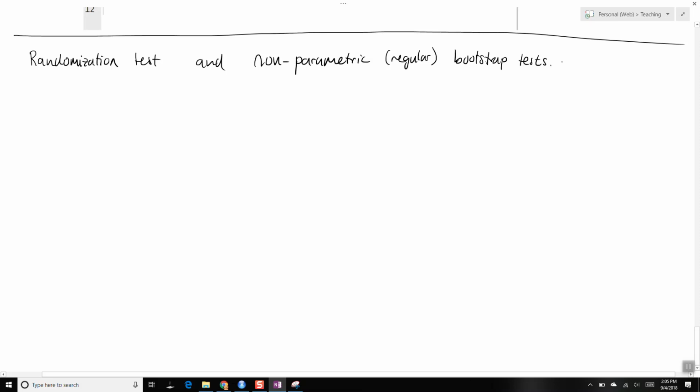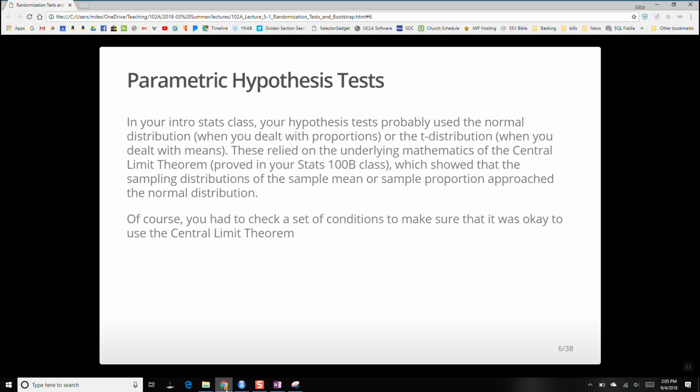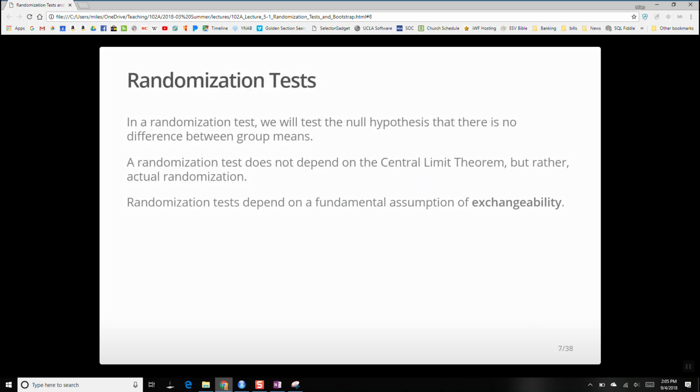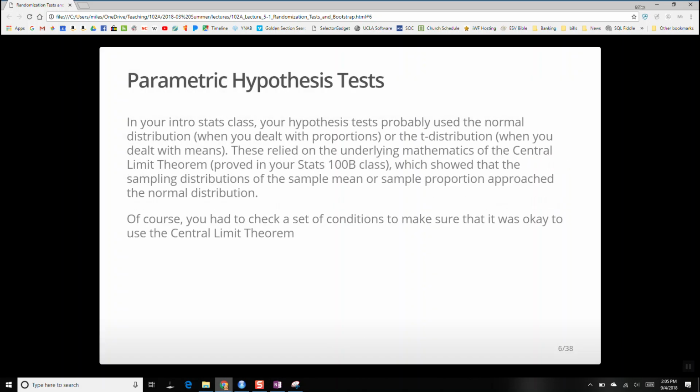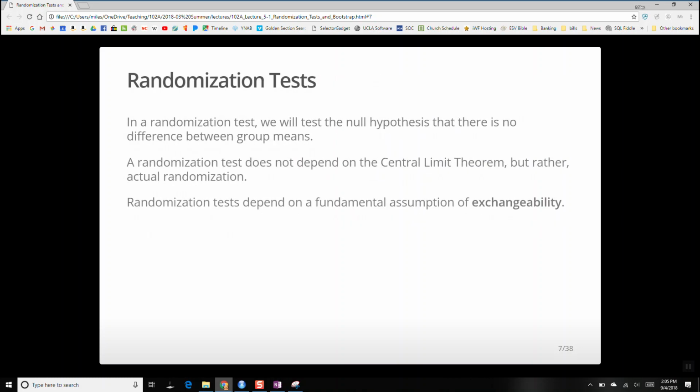Okay, so here, and then all of these things we're making some kind of assumptions, but let me just talk about some of the differences between the randomization tests and bootstrap, okay? Okay, a randomization test will depend on something called exchangeability, okay? And we'll talk about that in a moment.